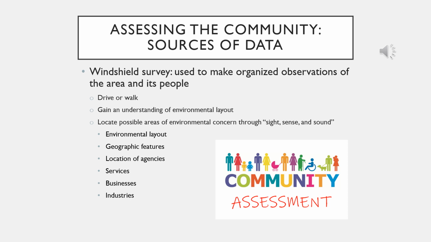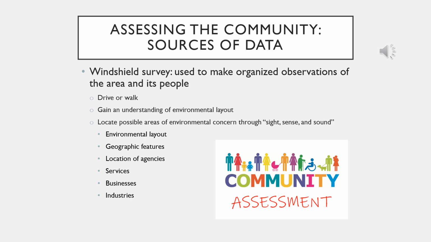Whenever you're doing this, if you are driving, you need a driver so you can actually visualize and document the community elements. This can be time consuming, and your results are based only on the visualization and do not include any input from any member of the community. This can really help you gain an understanding of the environmental layout.